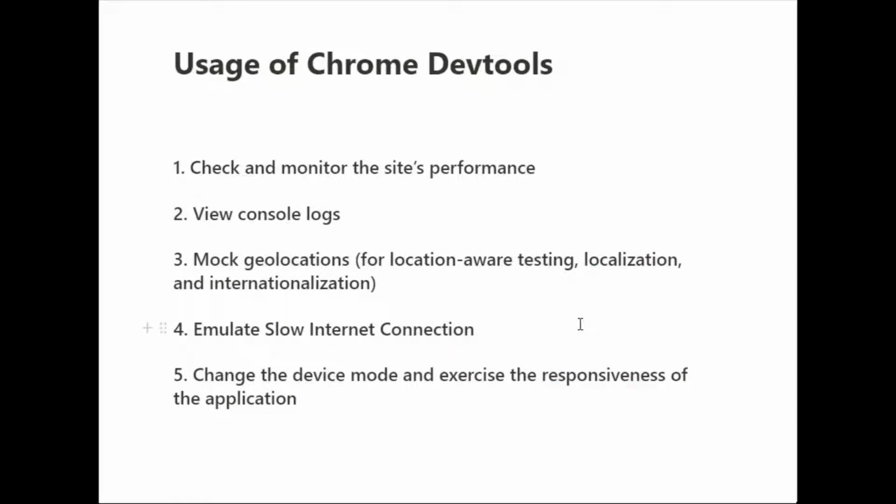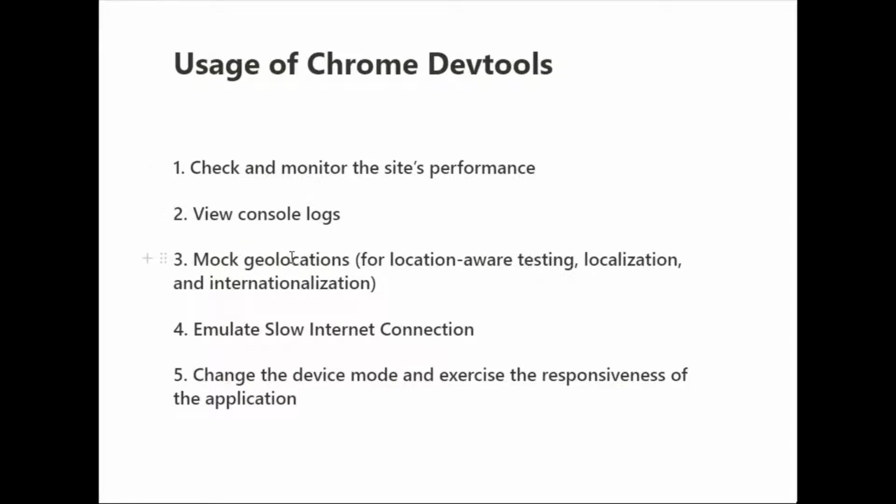So why exactly is this Chrome DevTool protocol important? I'm going to discuss all the advantages that we can get using Chrome DevTool protocols. You can check the site's performance, monitor how much time it is taking to load, and check the console logs. Then you can mock the geolocations.